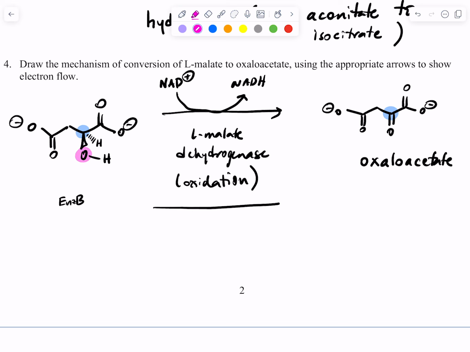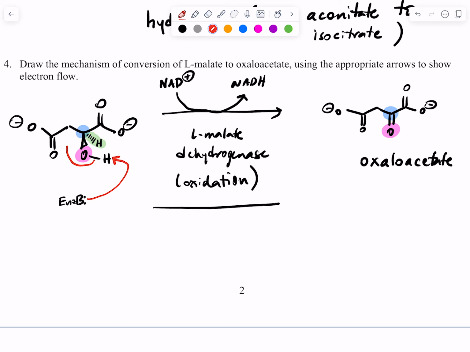This oxygen in the starting material is going to become this carbonyl oxygen in the product. But notice that the hydride, the hydrogen and its electrons on that sp3 hybridized carbon, are not in the product. Where did they go? Well, they went to NAD+. So a base is going to remove this proton from the alcohol.